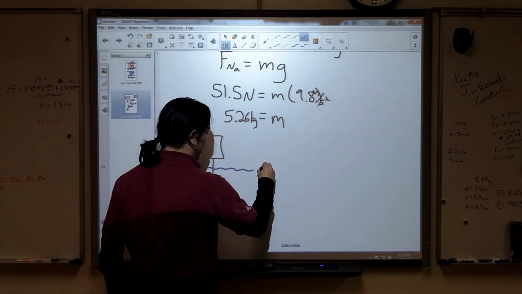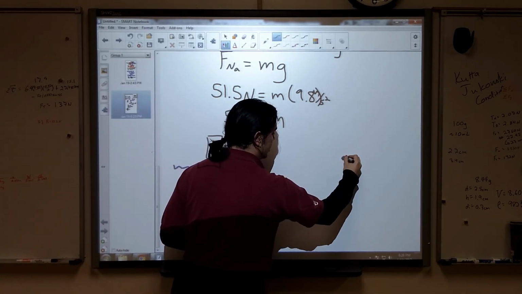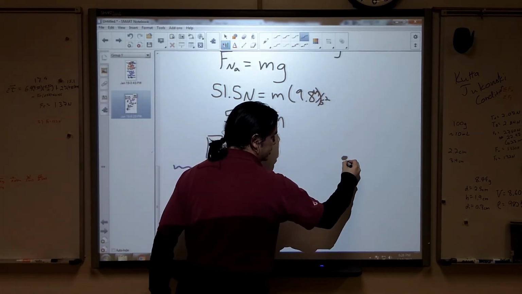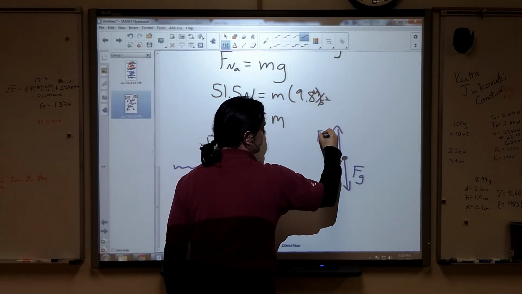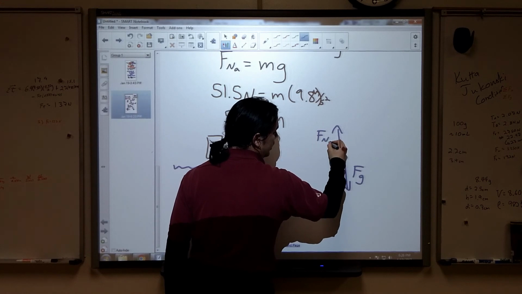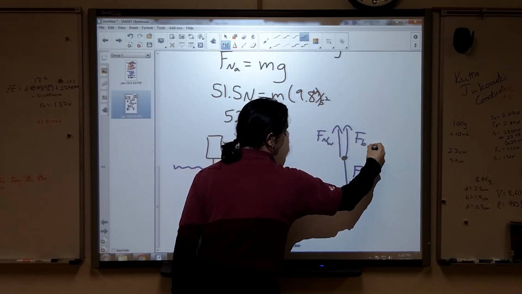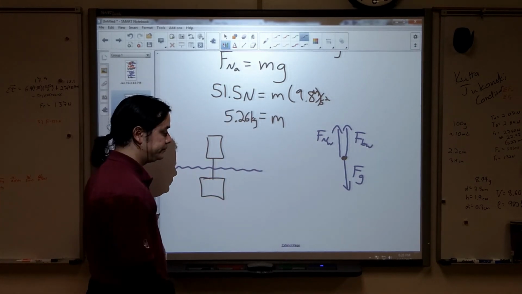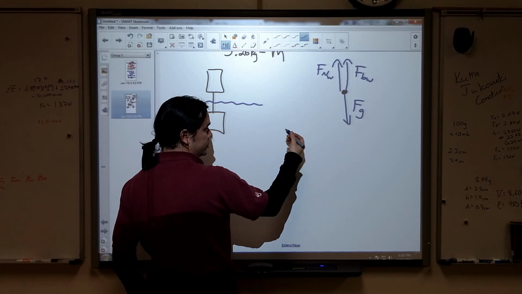And this is underwater. When I do my free body diagram in this case, we've got an extra force that we're looking at. We have the force of gravity, we have the normal force from the scale in water, and we have the buoyant force from water. When I do my sum of forces on this, I'm going to do this a little bit quicker because we've seen it before.